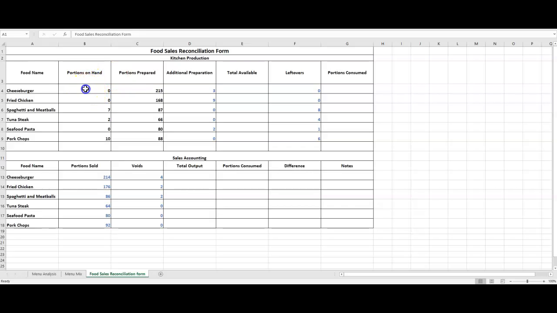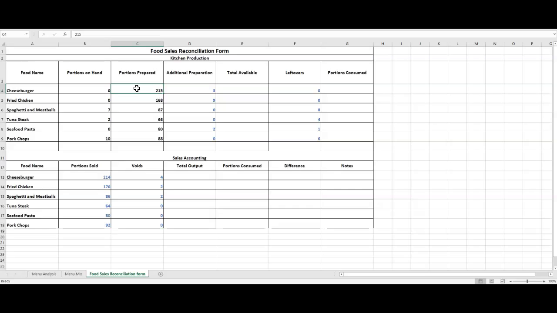Sorry. So looking at the cheeseburger here, we see that we have 0 portions on hand, and we prepared 215 in the night. Again, this is reconciliation, so this is what we've done and completed at the end of the night. This is not forecasting, this is actual production. We prepared 215 and required 3 additional preparation items. It could have been that more people ordered than we intended.